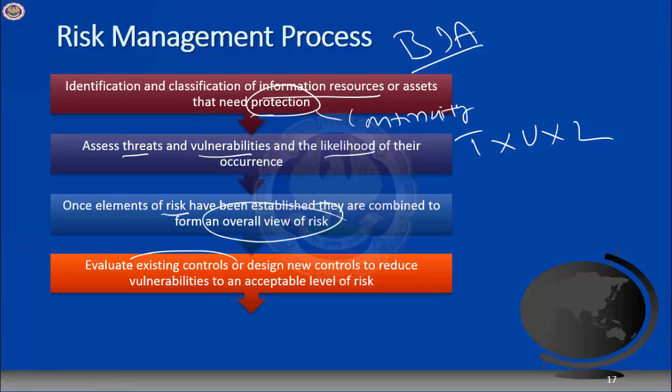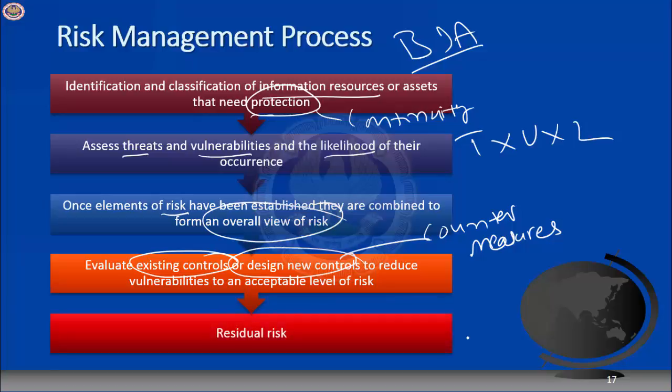Evaluate the existing controls which are already available within the organization, and depending on the need, you need to design new controls or countermeasures, or in this case, you can say, what are the new types of controls or planning you need to do to ensure the business continuity is maintained. And all this has to be brought to an acceptable level of risk. And you will have the residual risk which you will accept, because in spite of all these actions which are taken, there could still be risk.